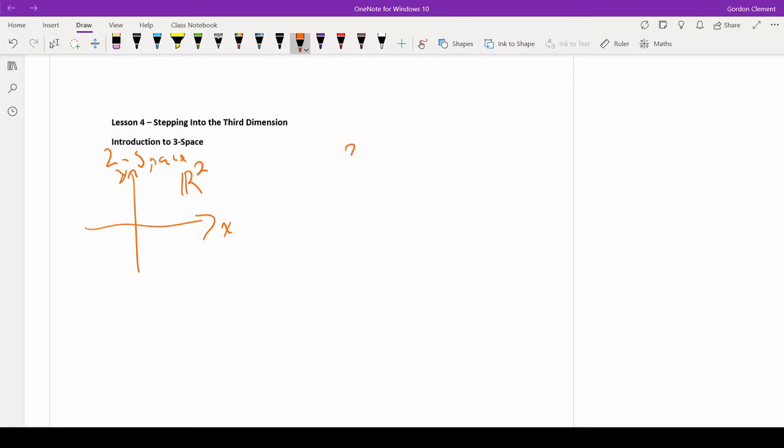However, now we're going to start to think about 3 space, and that is 3D diagrams. So we're going to have an x, a y, and a z axis. And the way you typically draw this is like that, to sort of give it some 3-dimensional representation of a 2D thing.